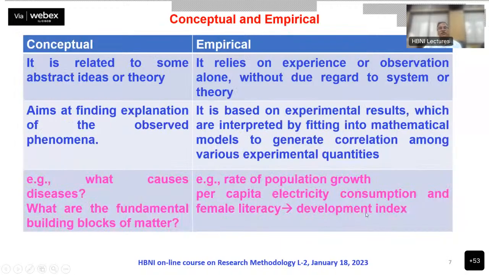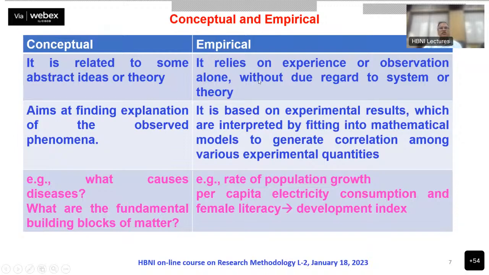Then you have the conceptual research and the empirical research. The conceptual research is related to some abstract ideas or theory, whereas you have something in your mind and you want to understand the phenomena, why they happen. You build the concepts. The empirical research relies on experience or observation alone without due regard to system or theory.